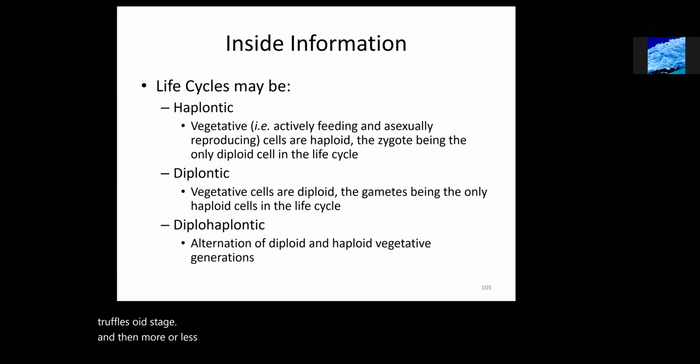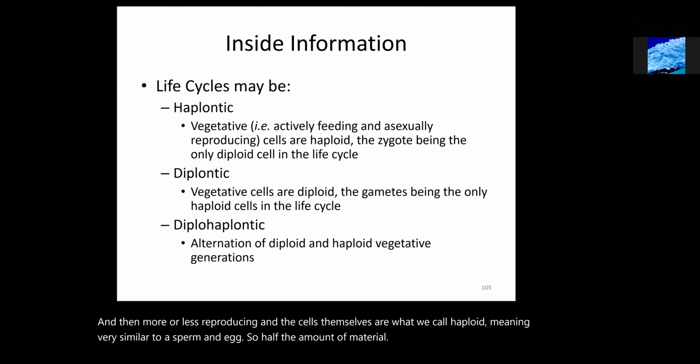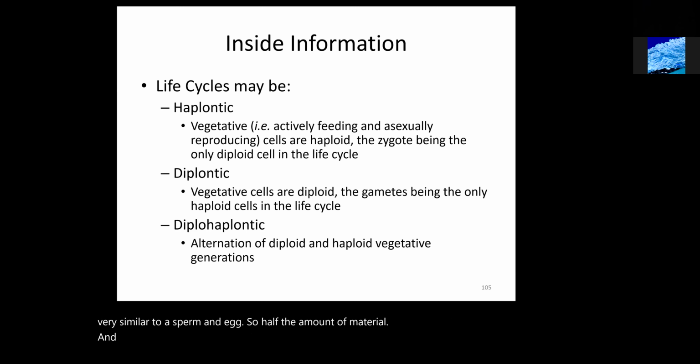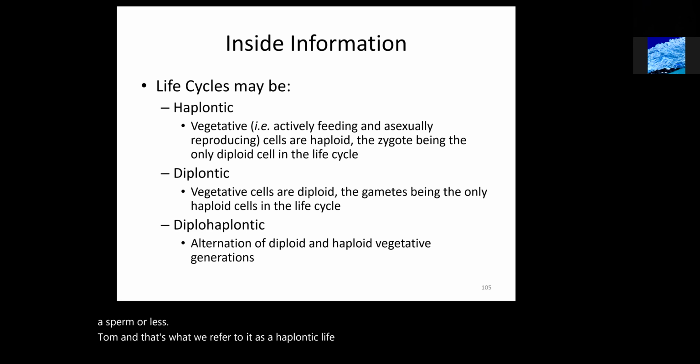And the cells themselves are what we call haploid, meaning very similar to a sperm or an egg, so half the amount of material. And for a very, very short time, they fuse together and become diploid, kind of like us, fusing an egg and a sperm, more or less. And that's what we refer to as a haplontic life cycle or life stage.